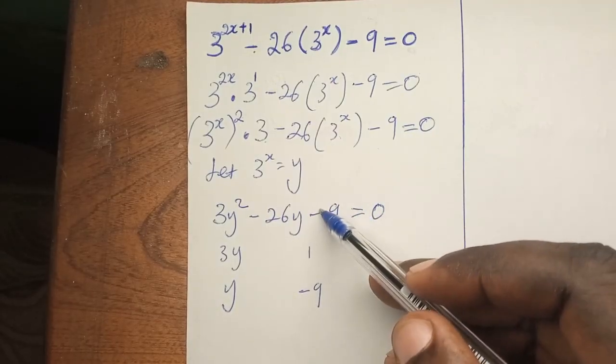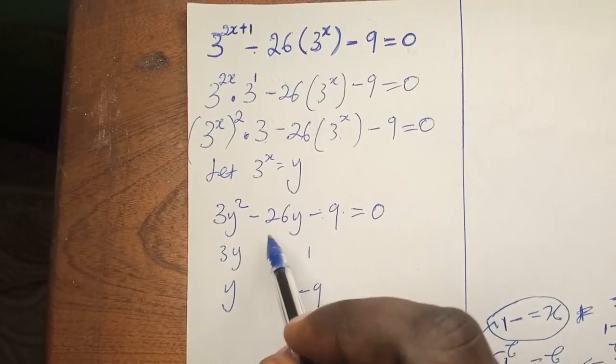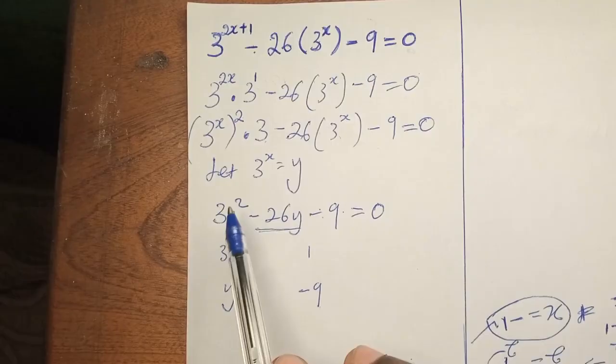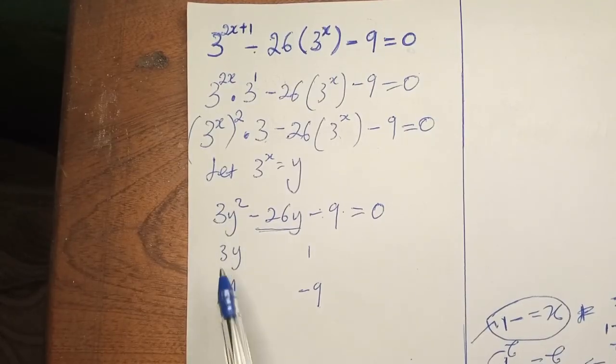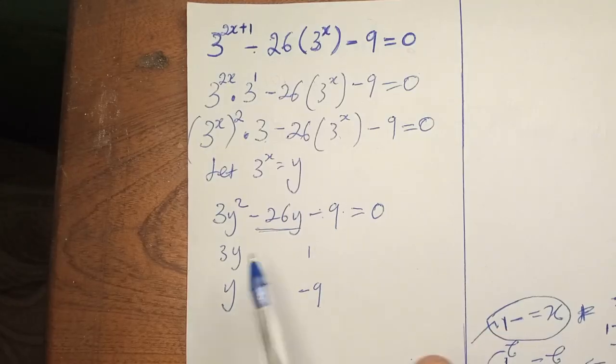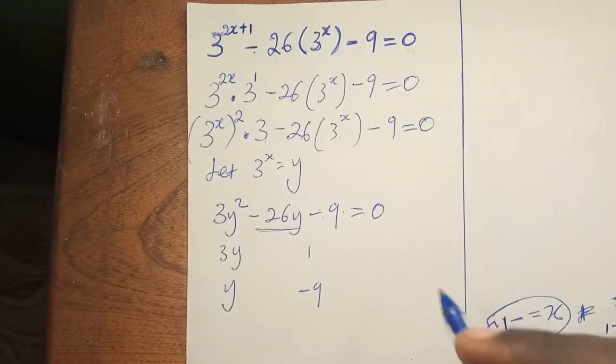If we cross multiply and add everything and we have minus 26y, then it means the factors are correct. 3y times y gives us 3y squared, then minus 1 times 9 gives us minus 9. Let's add all of these and see. If we have minus 26y, then this factor is correct.